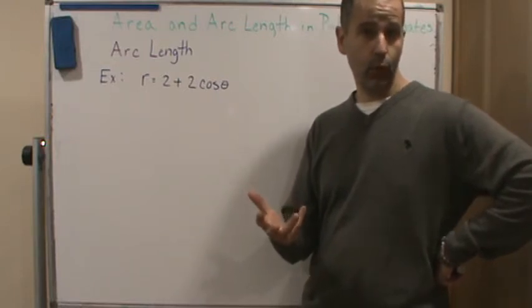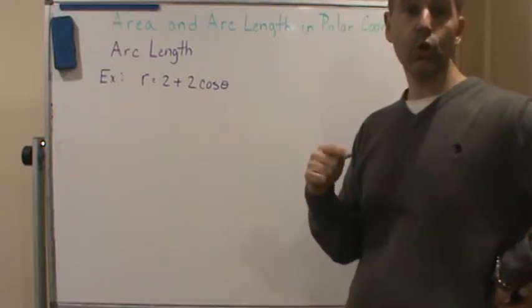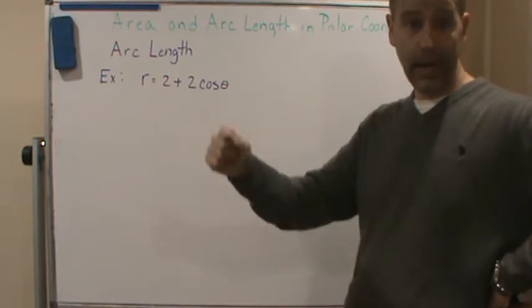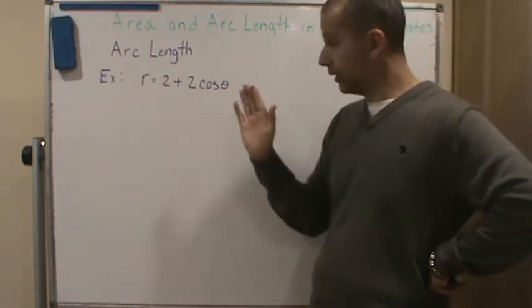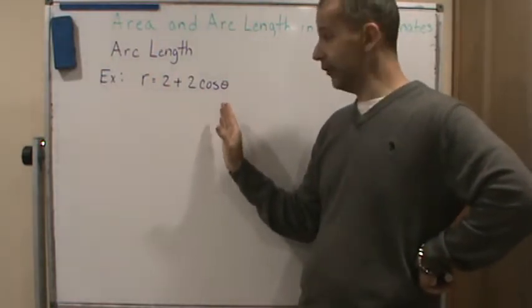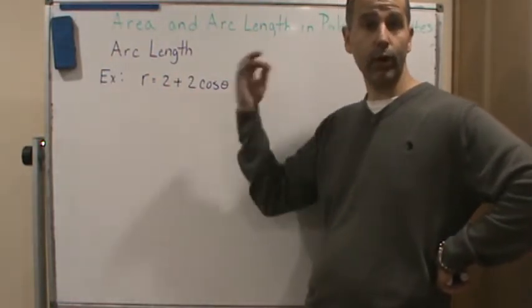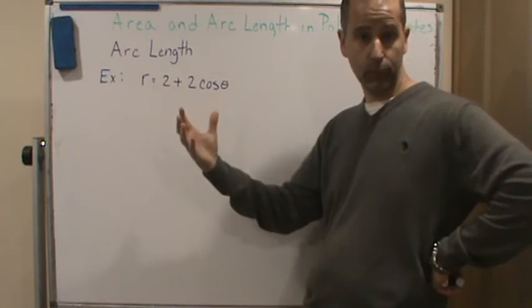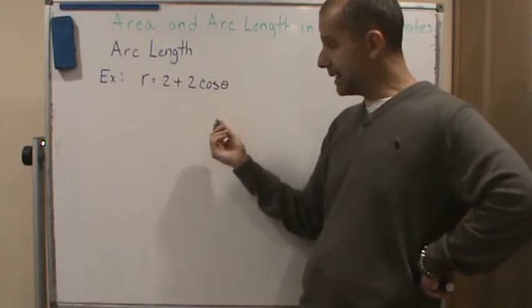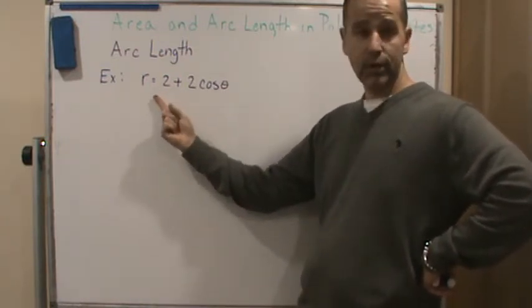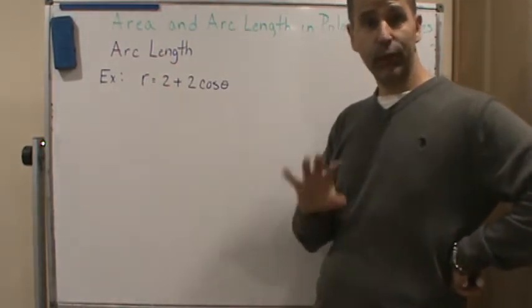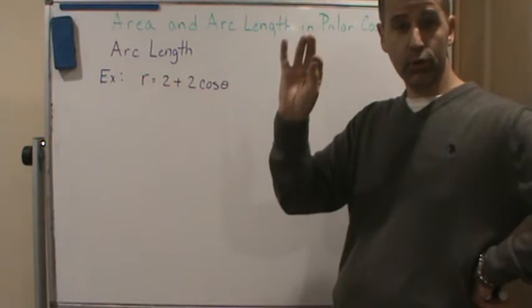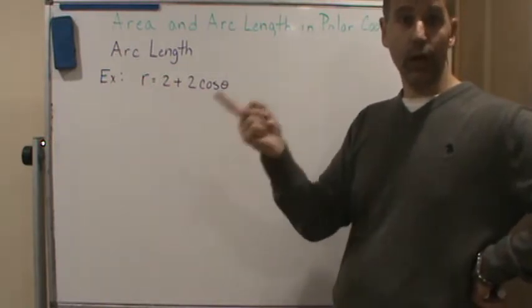If we only want to trace out one path around this thing, if we go from 0 to 2 pi, one revolution around the circle, we trace out this cardioid one time. That means if we integrate from 0 to 2 pi, we will get the full arc length of the curve.